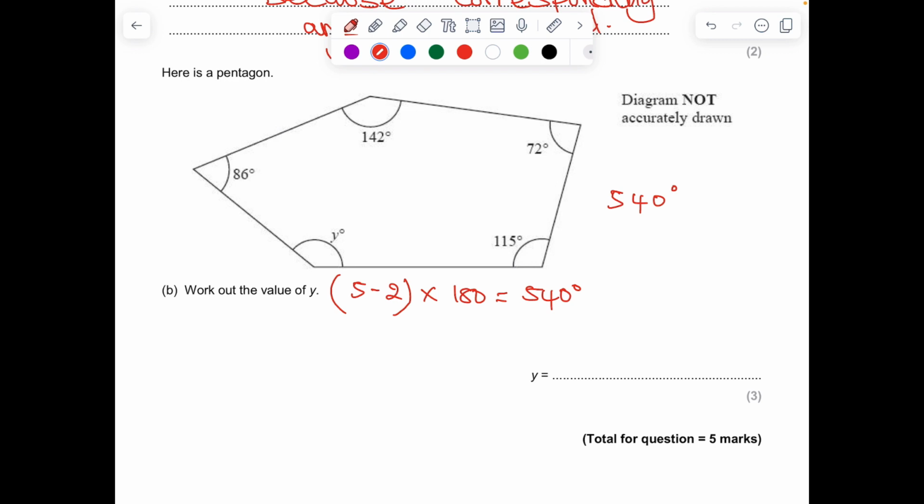It's up to you which way you remember it. But remember, in the exam, in the real exam, your IGCSE, you have no idea what polygon they could give you.